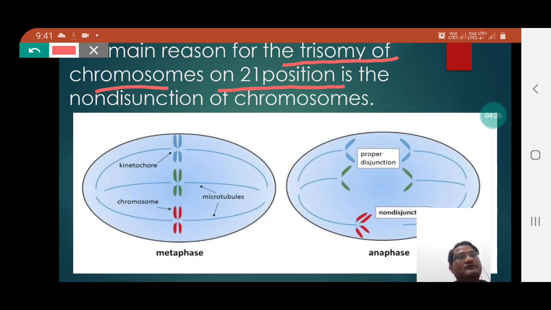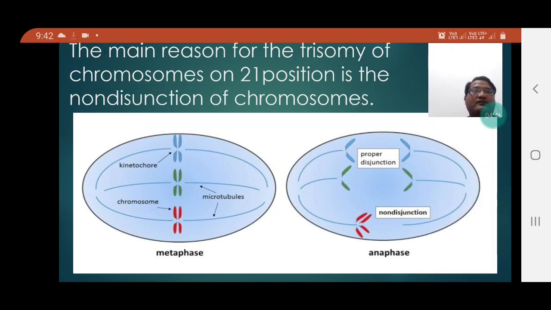But students, the main reason for the trisomy, that is this addition of one extra chromosome on the 21st position, is the non-disjunction of chromosomes. So students, the non-disjunction is the process in which the chromosomes are not able to separate from each other.